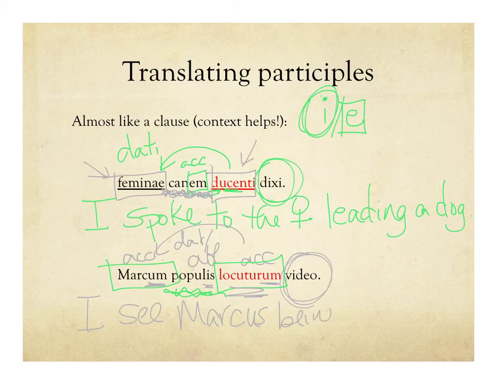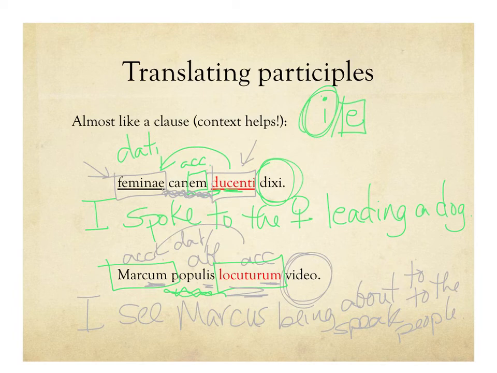Being about to speak. And then dative or ablative, to the people, by the people, probably to the people. I see Marcus being about to speak to the people.